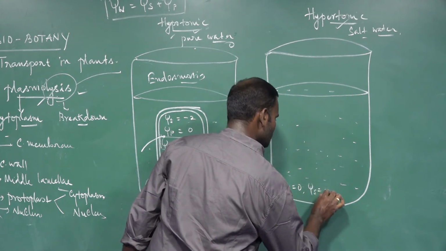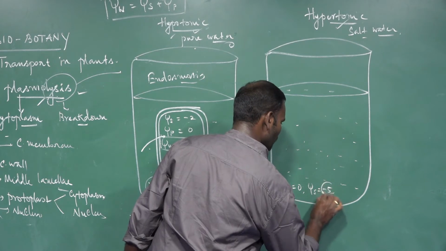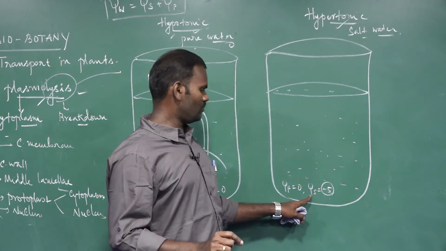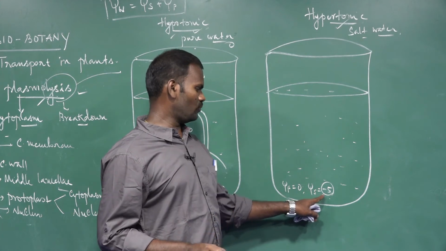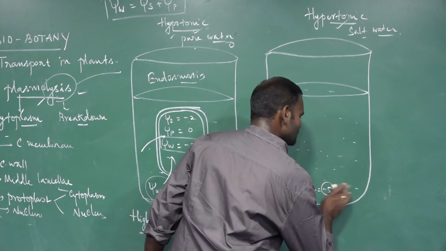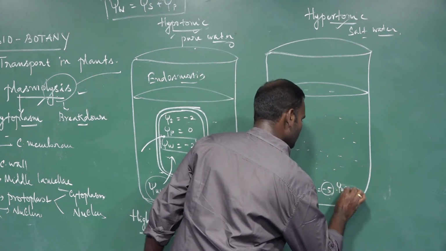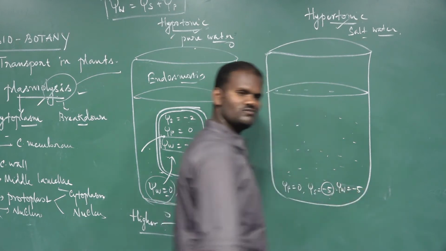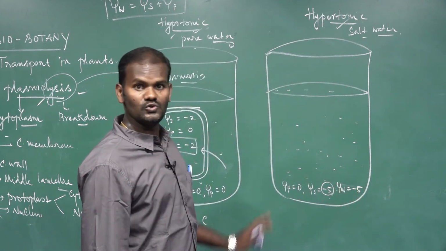Solute potential is equal to -5, for example. So we can easily calculate: the water potential is equal to -5 in a solution.